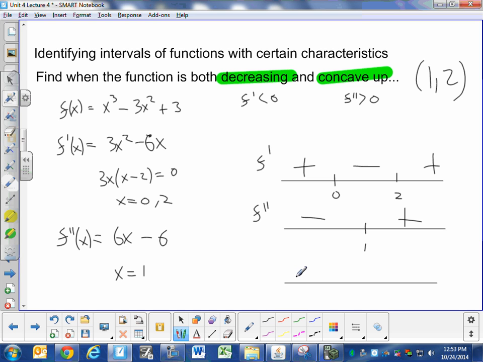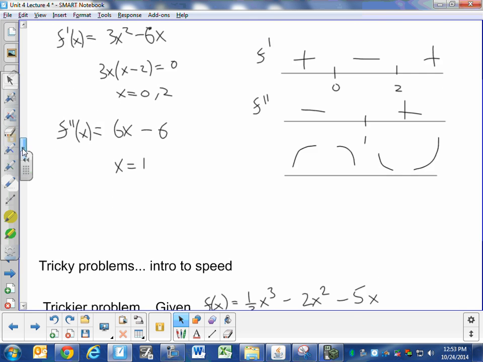It'd be increasing concave down, decreasing concave down, decreasing concave up, increasing concave up. Kind of throw these pieces together, and you would have the graph. Something like that. Which makes sense if it being a cubic.